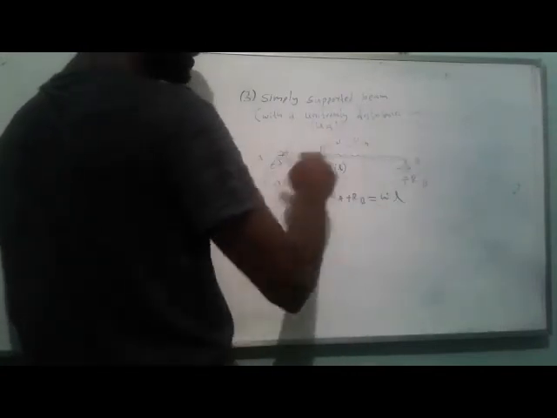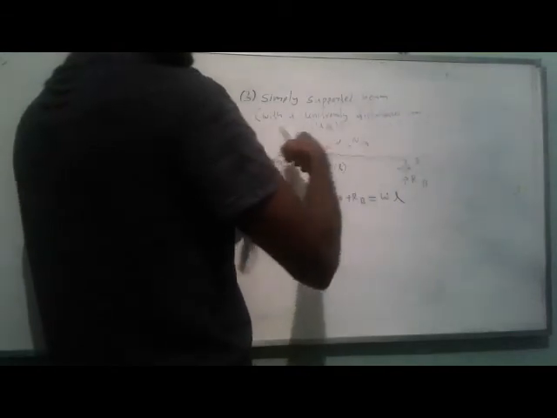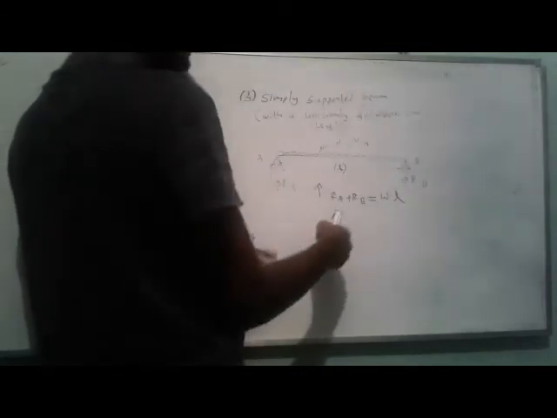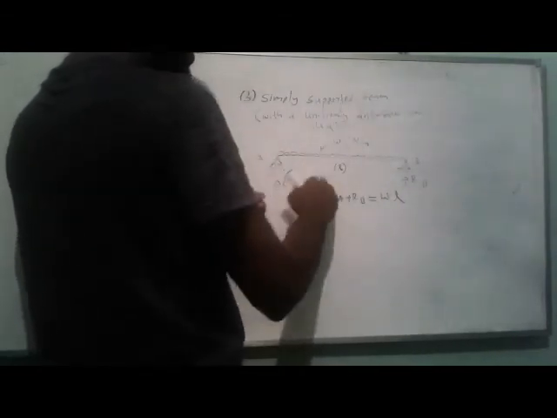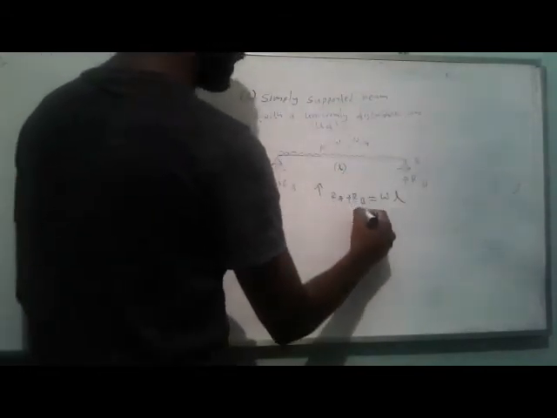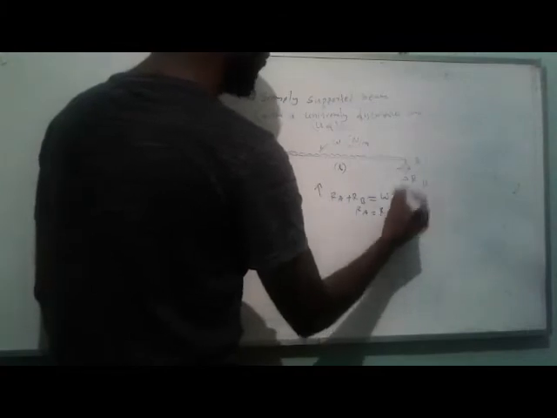Also, you consider this system. This system is symmetrical because there are no middle point loads. Therefore RA is equal to RB.